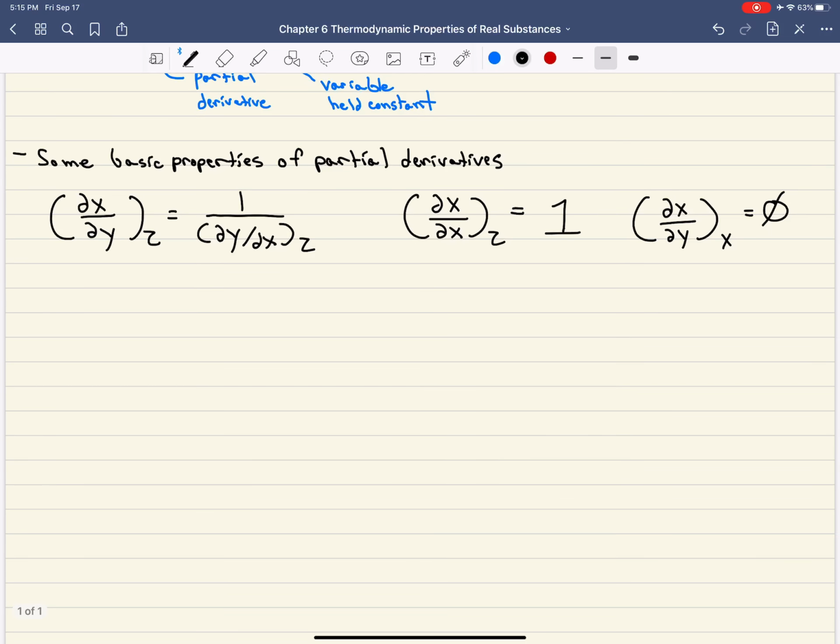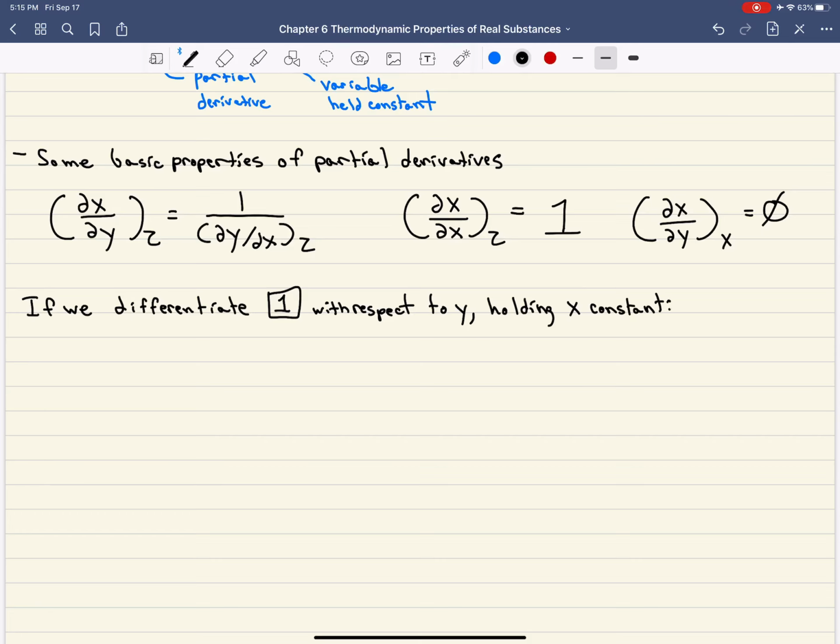And so if we differentiate 1 with respect to y holding x constant, what we would have is (∂x/∂y) at constant x is equal to (∂x/∂y) at constant z times (∂y/∂y) at constant x.